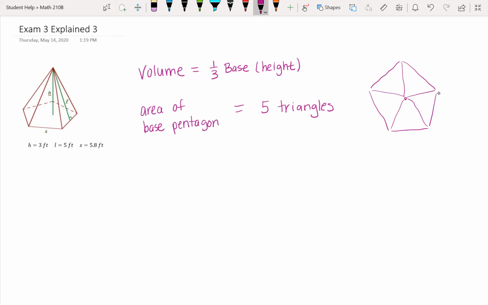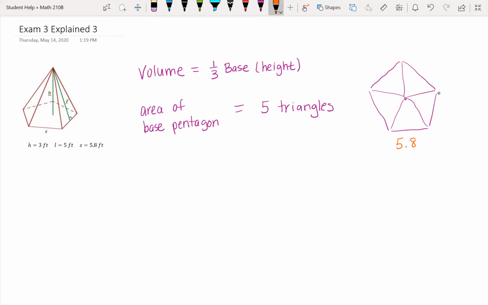Now, I know that the side is 5.8. Now, one of the things that you need to be aware of is that some people made the same assumption that there was for a hexagon. In a hexagon, the lengths of all of these sides of the triangle are the same. That's only true for a hexagon. That's not true for a pentagon. In a pentagon, the dimensions are different because the angles are different.